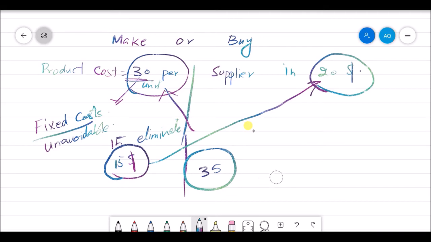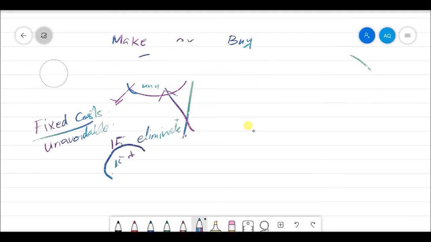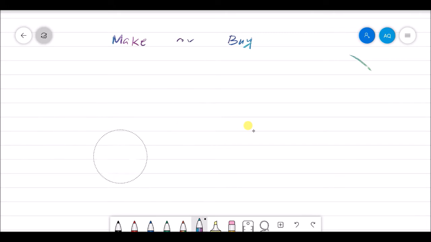So like any other decision, like we have studied before, we have to think about the relevant cost. So which costs are relevant? Relevant costs are those costs which you can avoid.